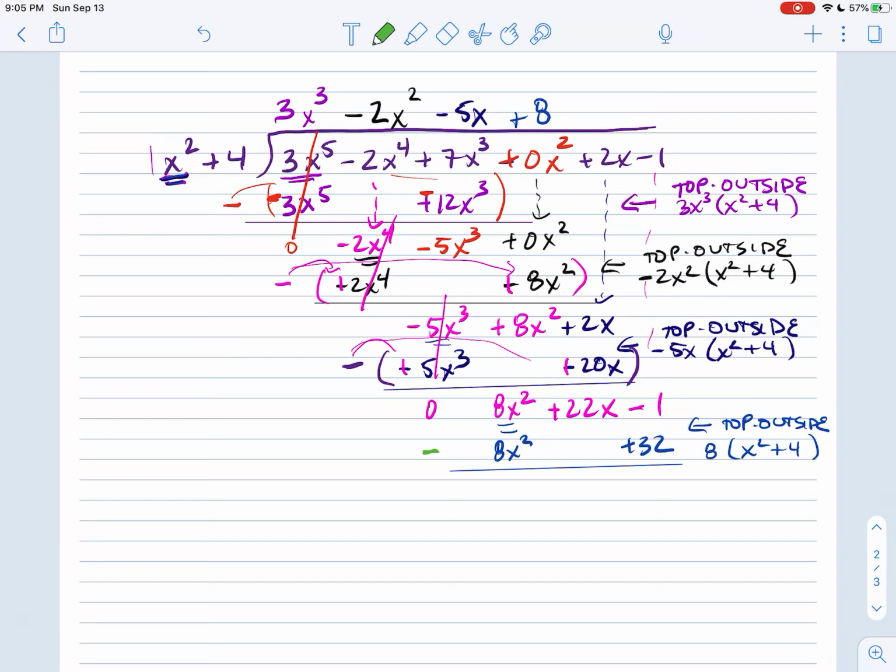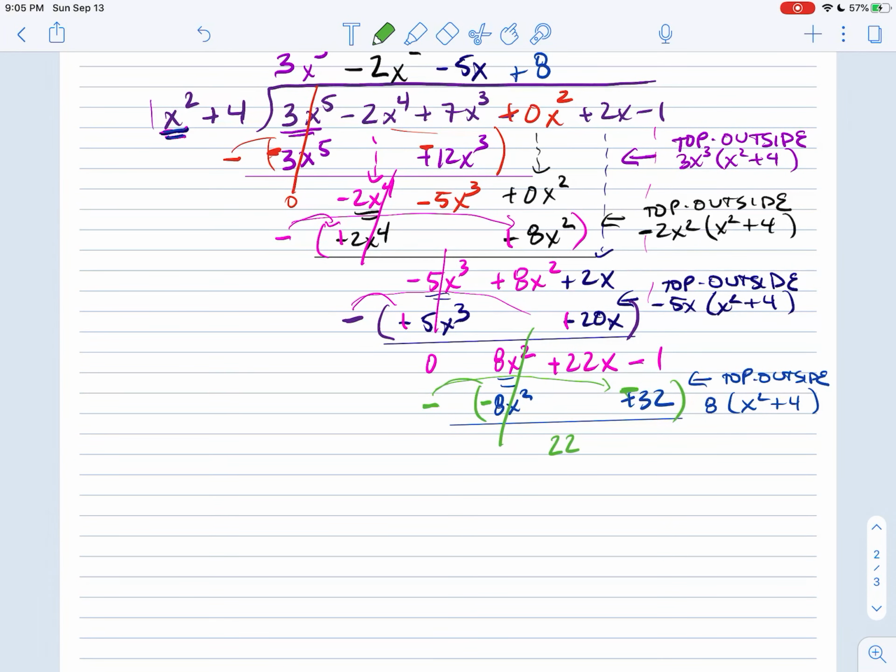And in subtracting, I'm subtracting the entire expression. I want to distribute the minus, and that turns the 8 into minus 8, and it turns the plus 32 into minus 32. Good. 8x squared, negative 8x squared goes away. There's 22x, and minus 1 and minus 32 combine to be minus 33.